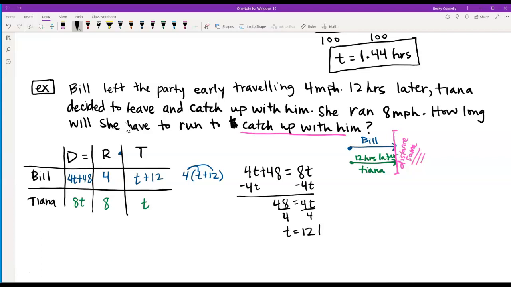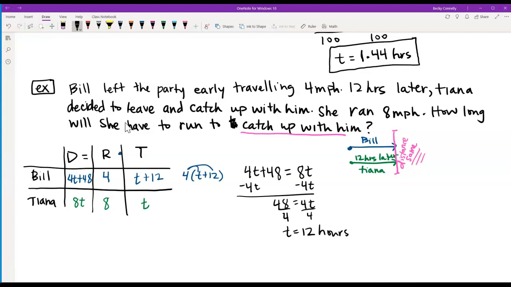This is where I get some of these questions. So t is 12 hours, but remember that was how long it was going to take Tiana. The question asks how long she will have to run, so that's this 12.